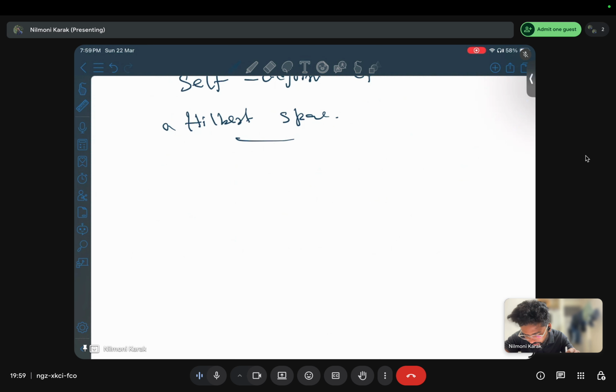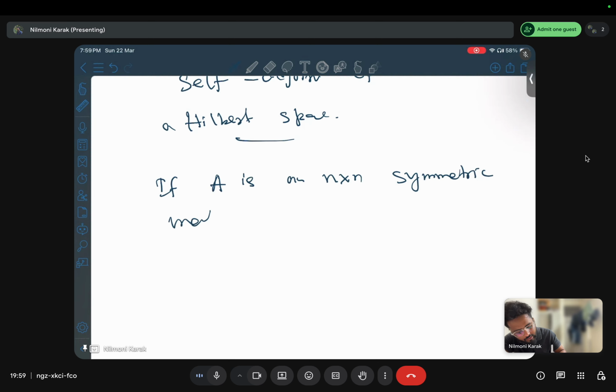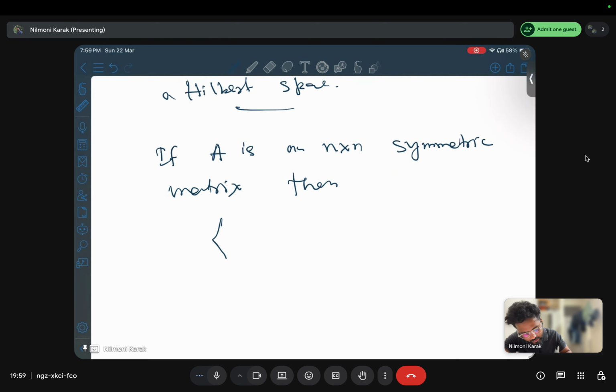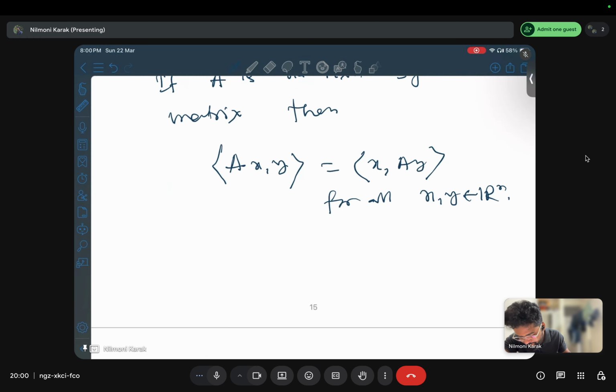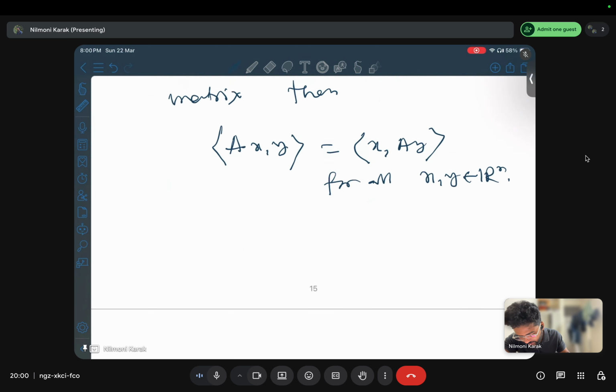Recall that if A is an n cross n symmetric matrix, then (Ax, y) equals (x, Ay) for all x and y. The definition of a self-adjoint operator on a Hilbert space is built on this.